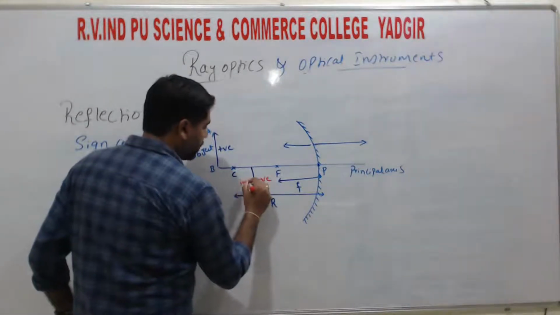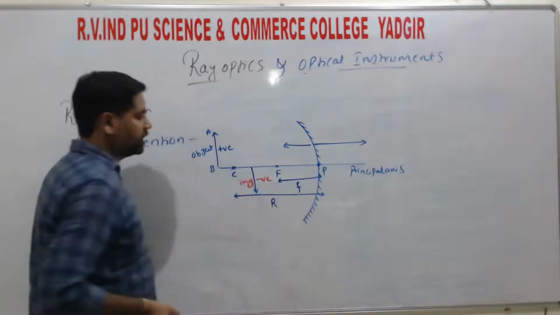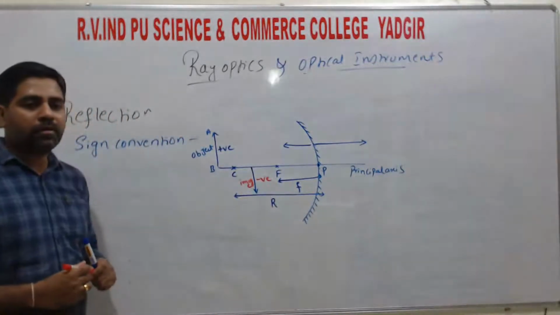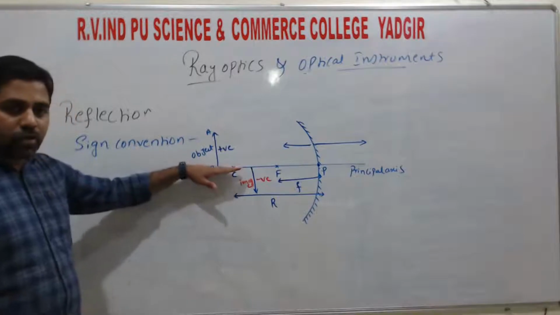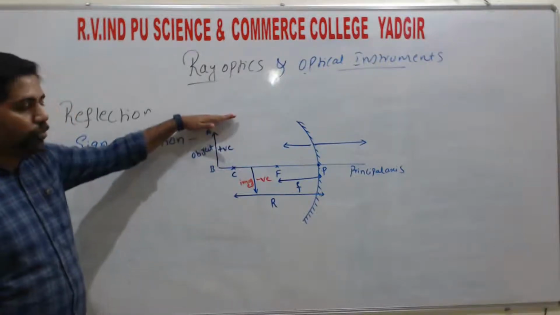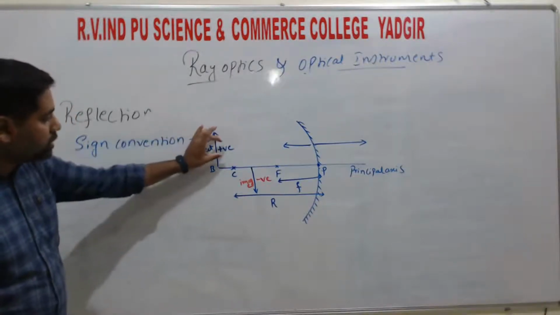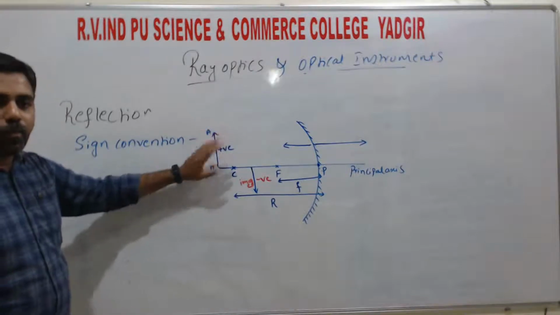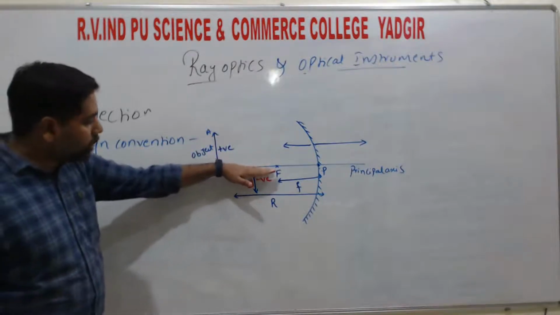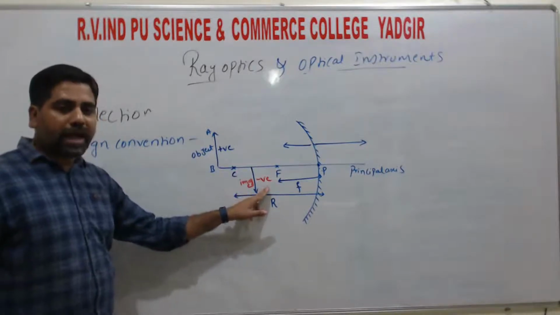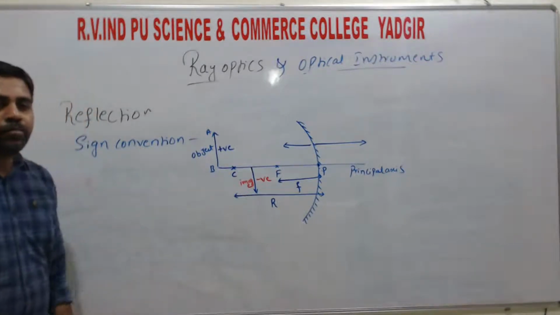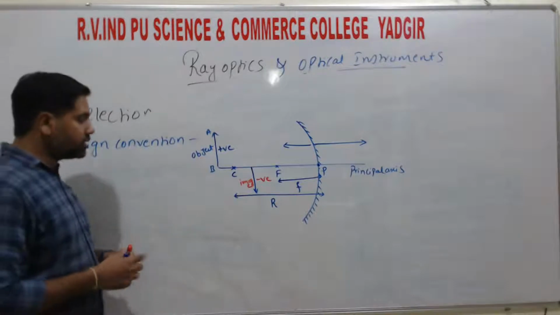If we consider this as the image, the second point is that heights measured above the principal axis must be taken as positive, and heights measured below the principal axis should be taken as negative, right?